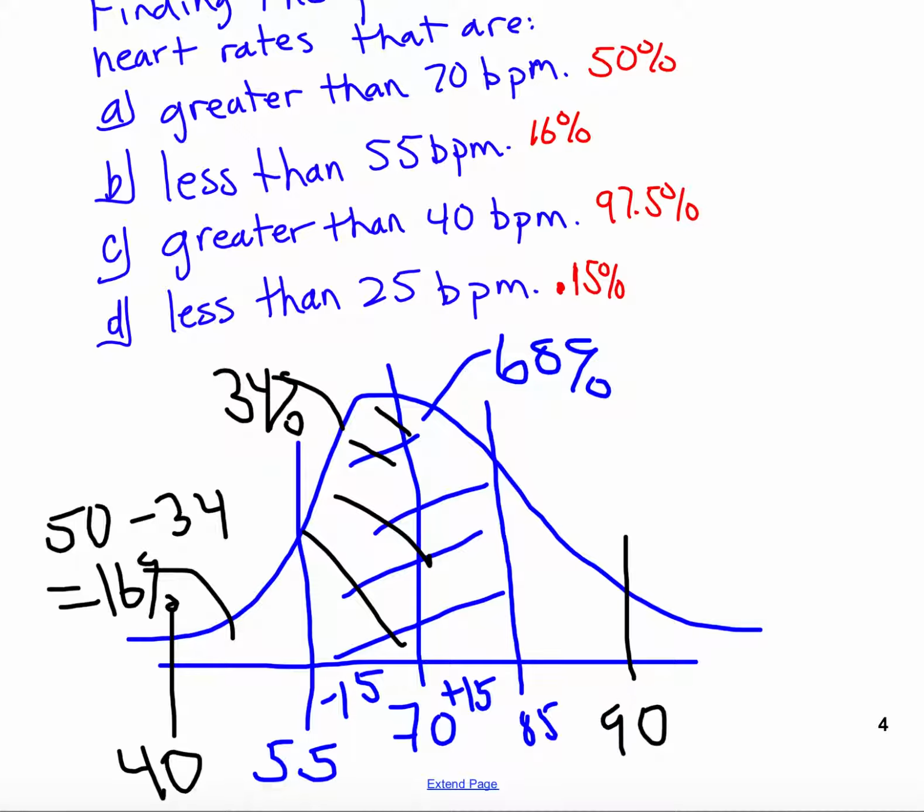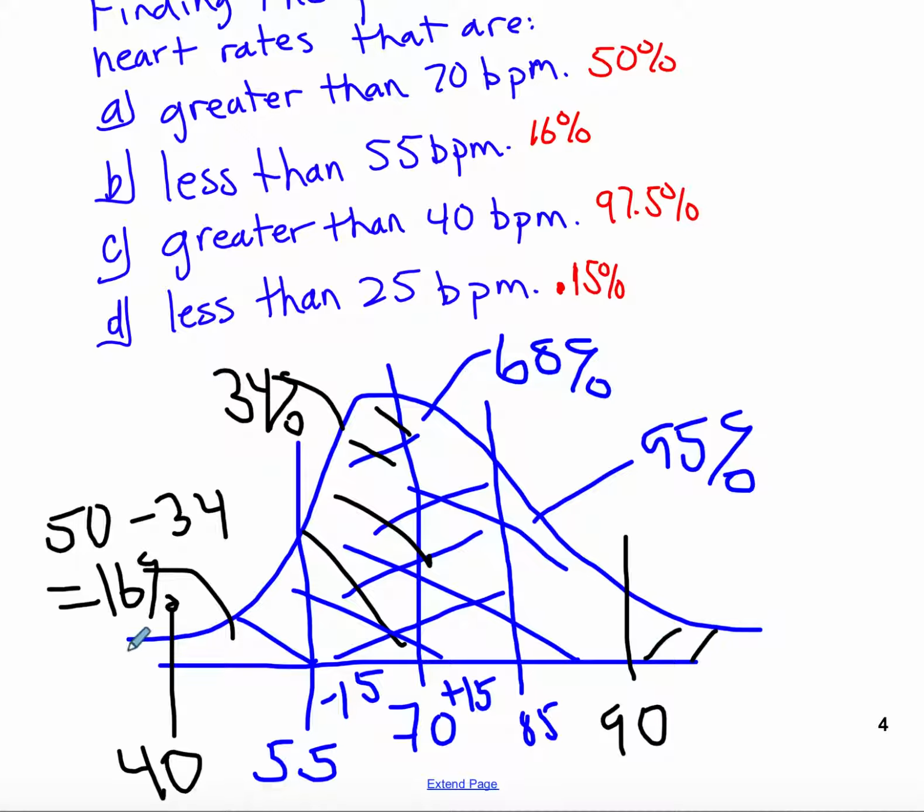So between 40 and 70, again, the empirical rule tells us that that's 95%. So then, kind of playing around with this same concept, if this is 95%, what is over here and here?